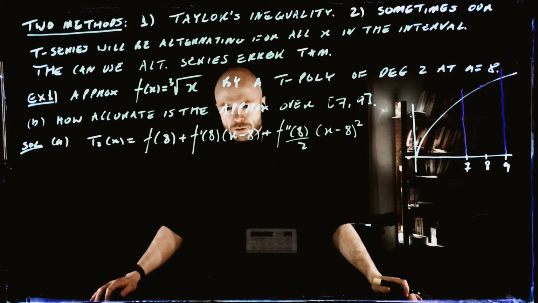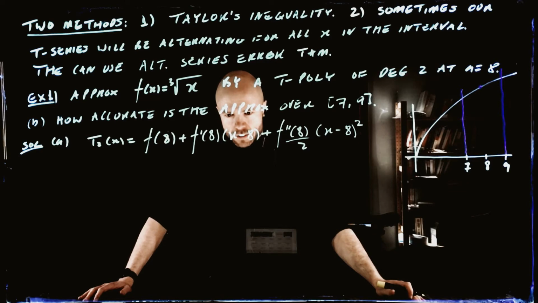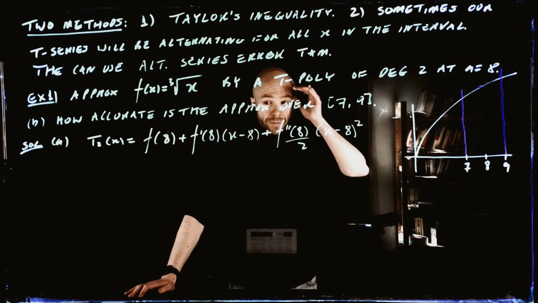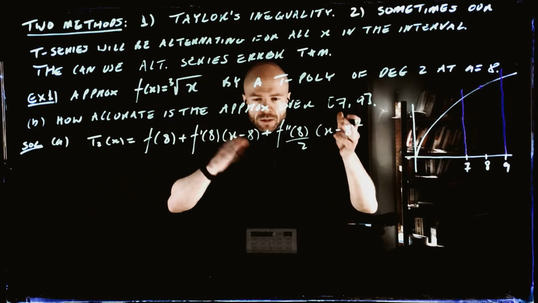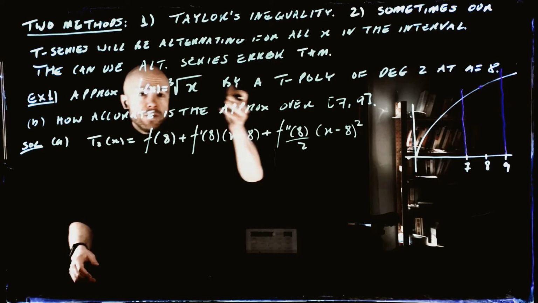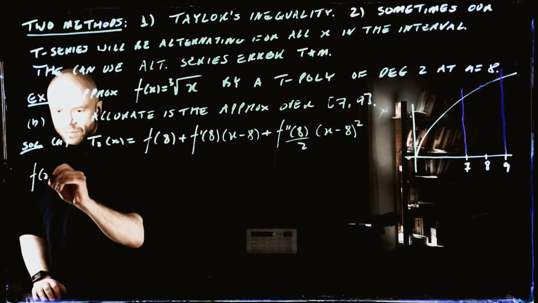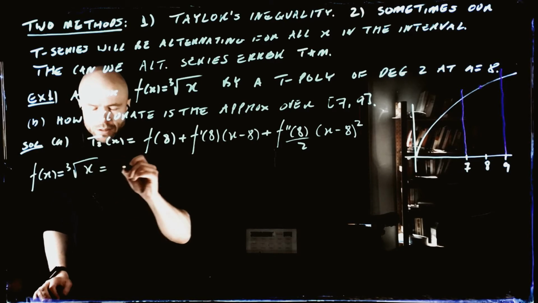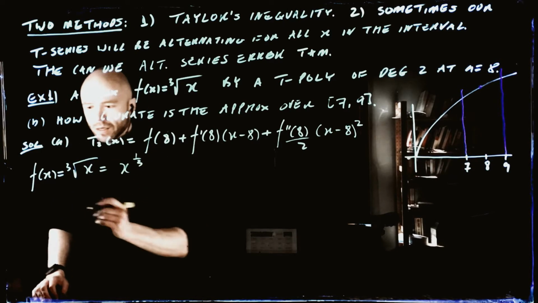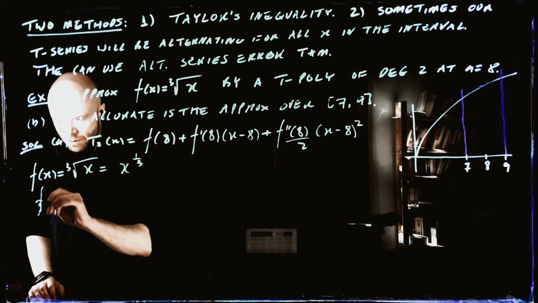Yeah? Everybody clear on why this is the thing we want? Okay, everybody seems to be happy. Good. So this is what we need to do, and then we just need to calculate these coefficients, and then we'll have this explicit thing, right? So this is our function. F of x is the third root of x, which is x to the 1 over 3, and that's differentiated.